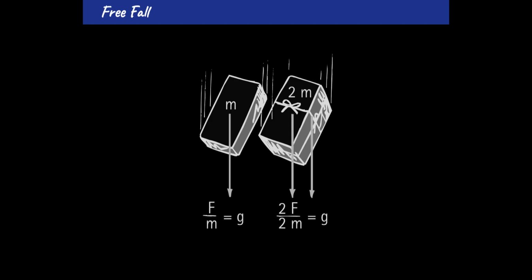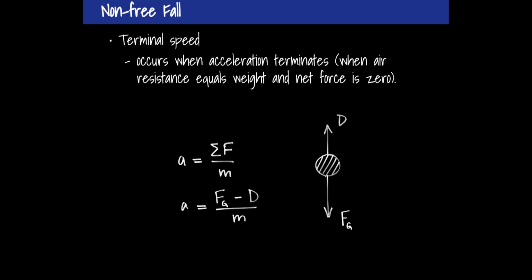But of course, there is such a thing as non-free fall. And in fact, in order to actually do free fall, I need there to be no atmosphere, no air, because the force of air resistance exists. Imagine that I have a thing like a tennis ball that is falling under the influence of gravity. Certainly, it has a weight acting downward.